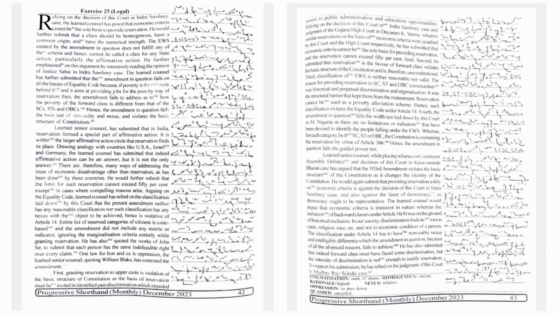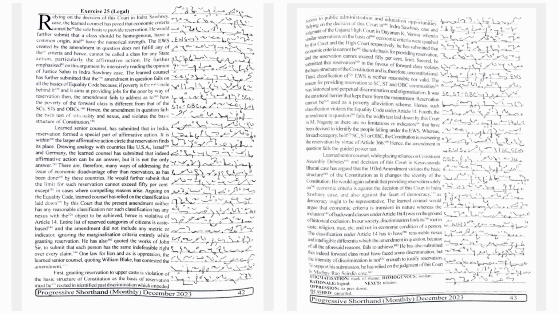The learned counsel would argue that economic criteria is transient in nature, whereas the inclusion of backward classes under Article 16(4) was on the ground of historical exclusion.